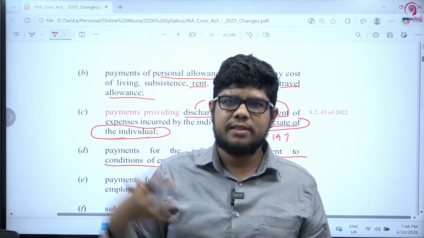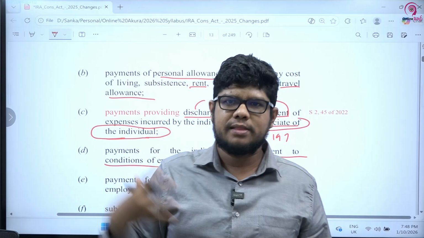Subject to paragraph F of subsection 3, retirement contribution made to retirement fund on behalf of the employee and retirement payment received in respect of employment, right? So the employer may be contributing to a retirement fund on behalf of you, the employees, or maybe you are getting payment from that fund.